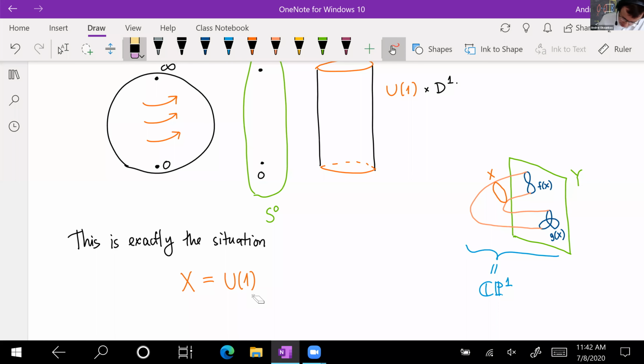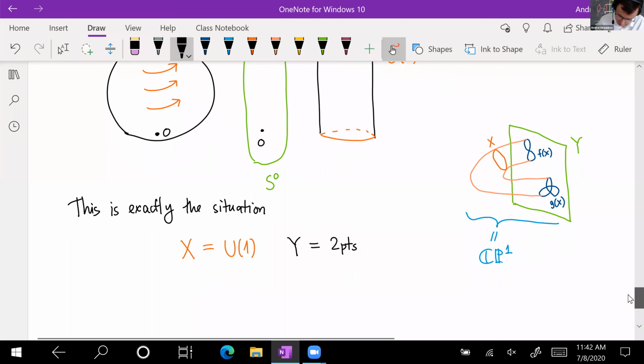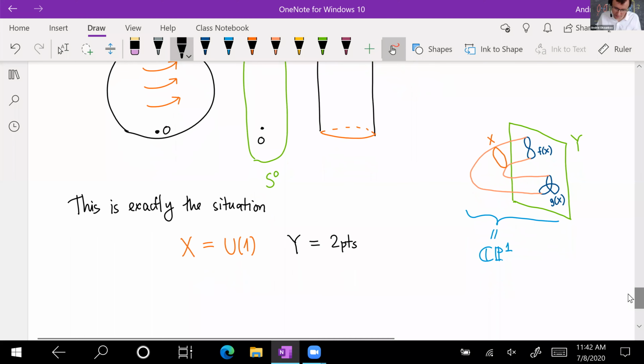We took a cylinder over U1 here, right? We get exactly a cylinder, and Y here are the 2 points. And the 2 different maps: I send my X, I collapse this U1 to one point or the other point.